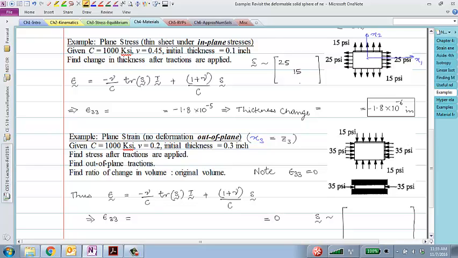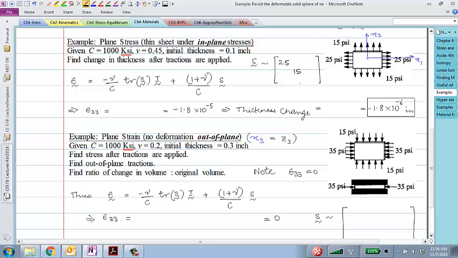That means that all the stress components are in this x1, x2 plane. There is no stress component out of the plane. That happens for these types of bodies which are thin, like a thin sheet of rubber. If you extend it, the sheet might get thinner, but there won't be any through thickness stress that would develop.